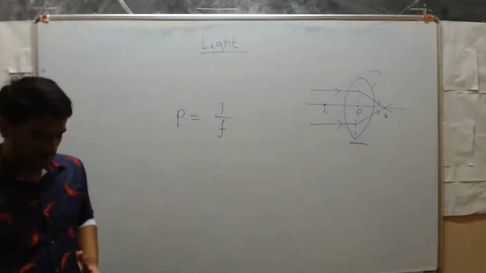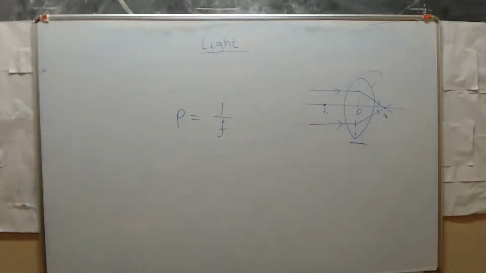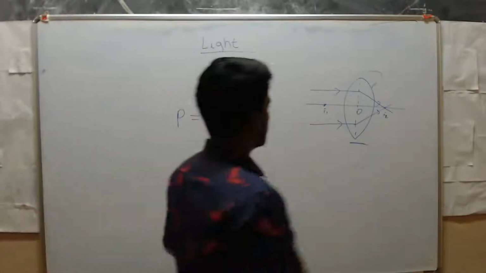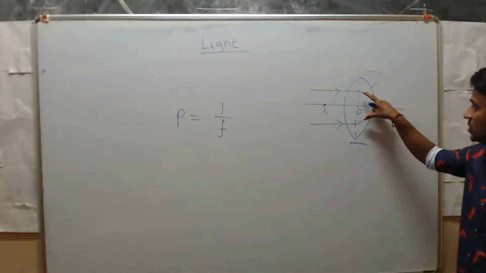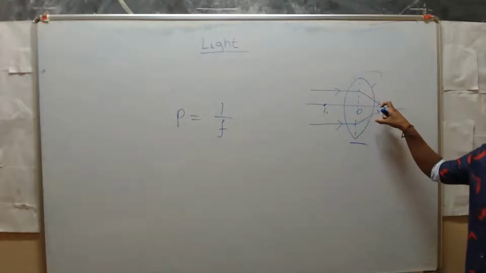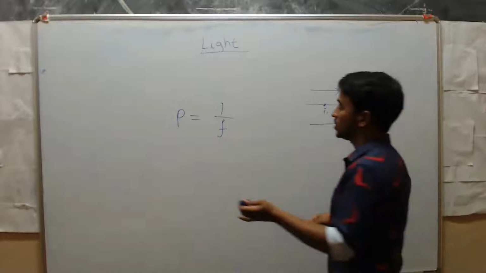See, here the focal length is very short, right? Here these rays are bending with large angles. But what about the thin lens?